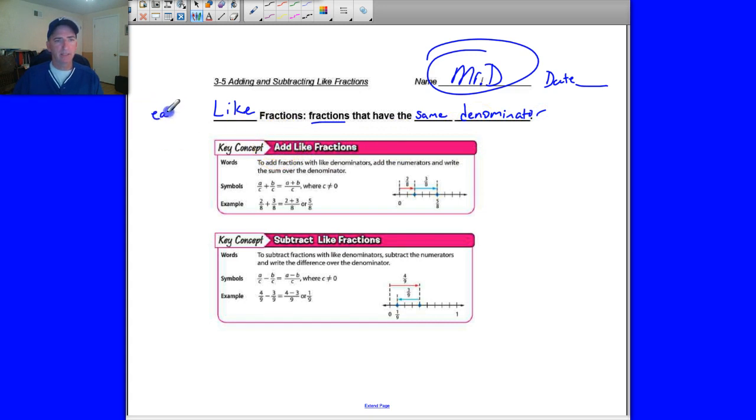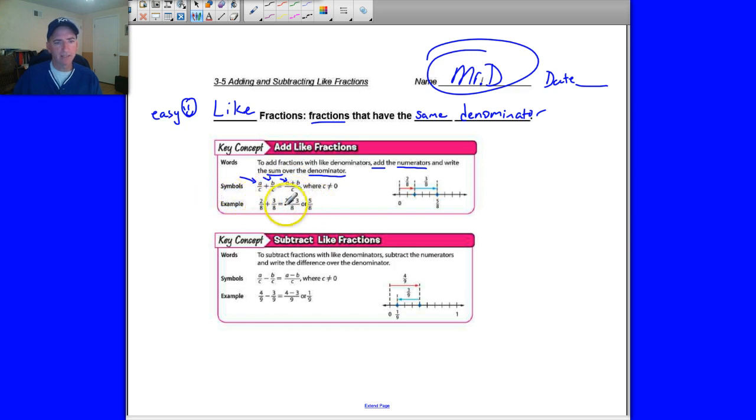We like these because they are easy, and that makes us happy, because simply put, to add like fractions, all you have to do is add the numerators and write that sum, that's the answer, over the denominator. You're going to add the top numbers, the a and the b become a plus b, and you just keep the bottom number the same.